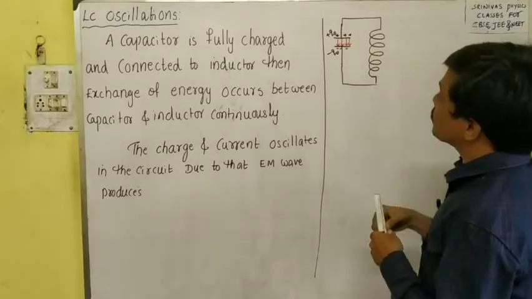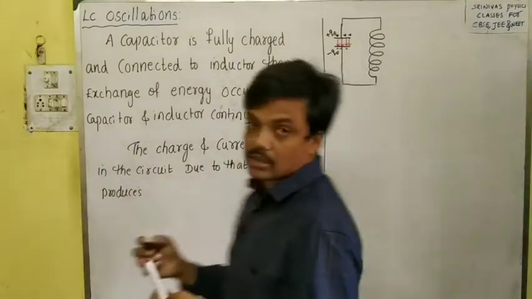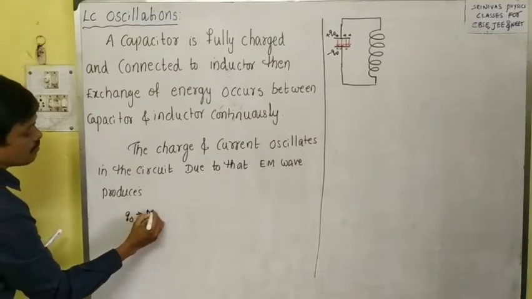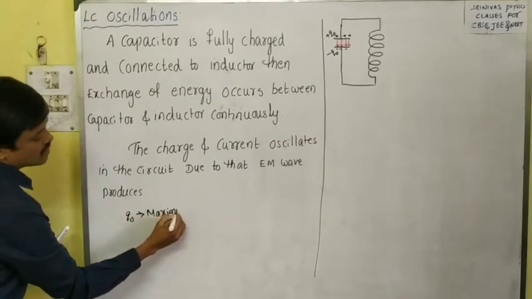Now the capacitor is fully charged. Q naught is the maximum charge on the capacitor.